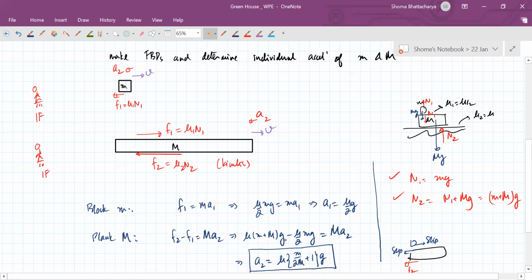I've just done them mentally, but just subtract these two and divide by capital M, you will understand how we are getting this. So we are getting the individual accelerations, or rather the decelerations of the two blocks. So A1 and A2 are the decelerations in the inertial ground frame.